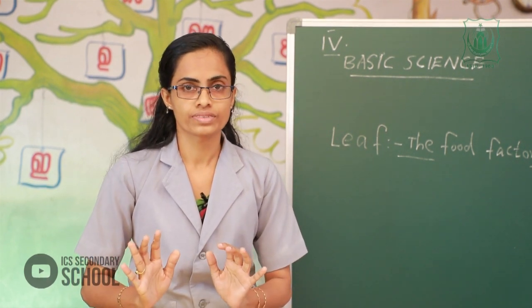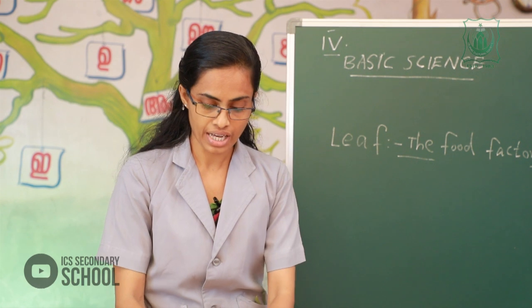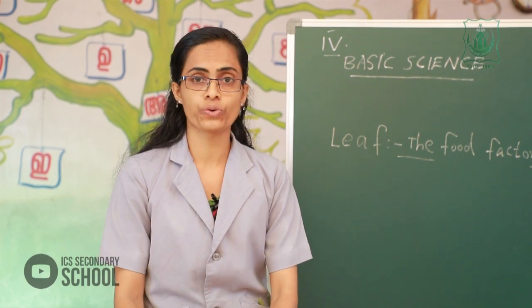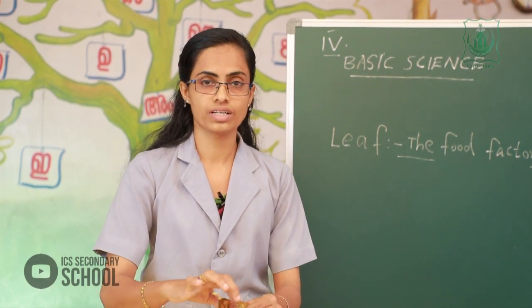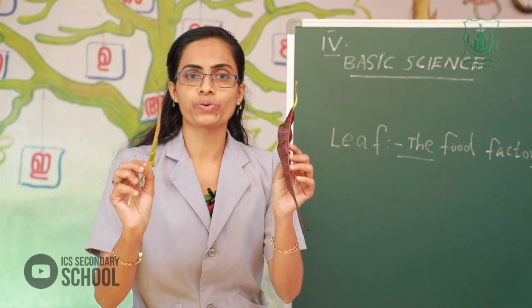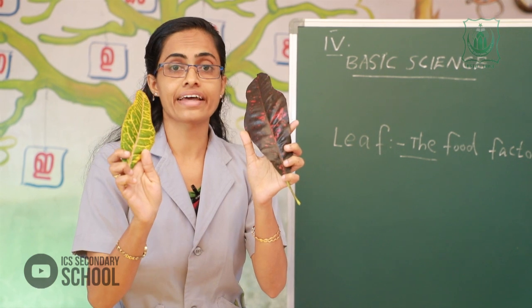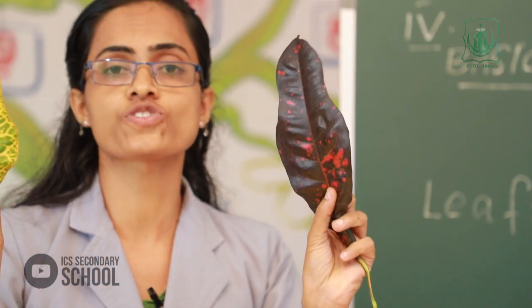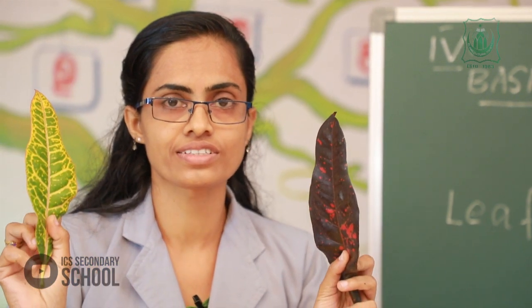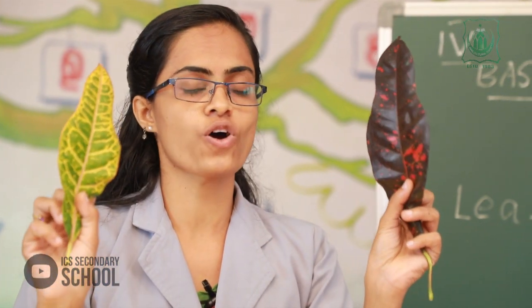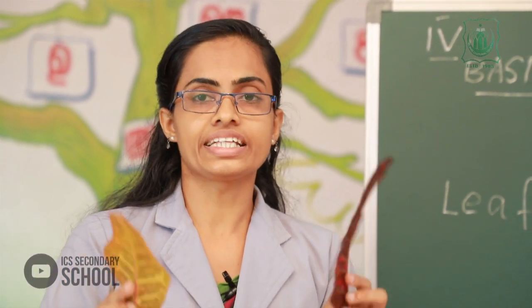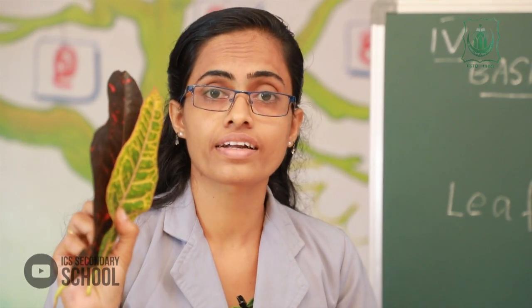Clear? Okay. Next I am going to show you another leaf. The leaves of the croton plant. Have you seen it? The leaves are dark red.